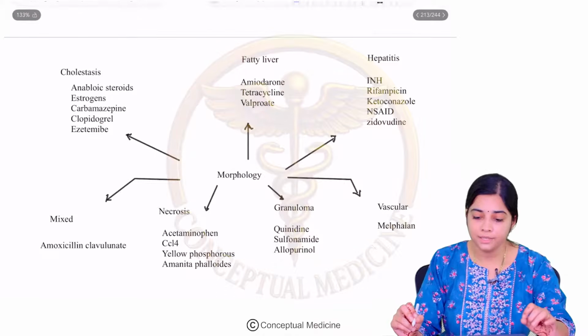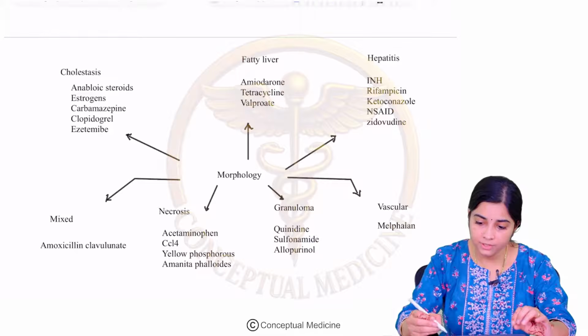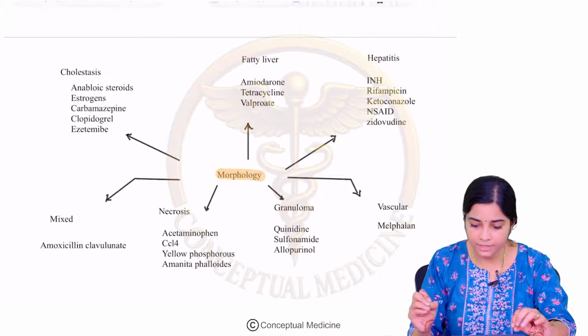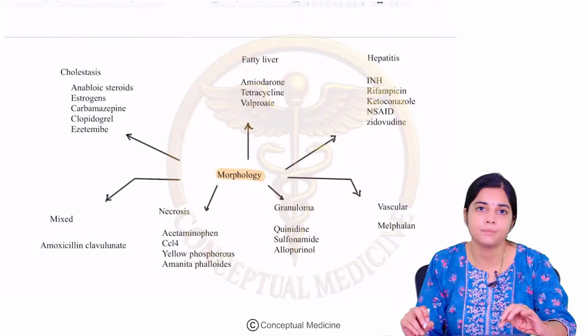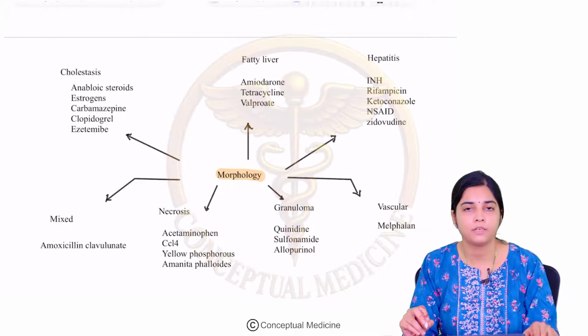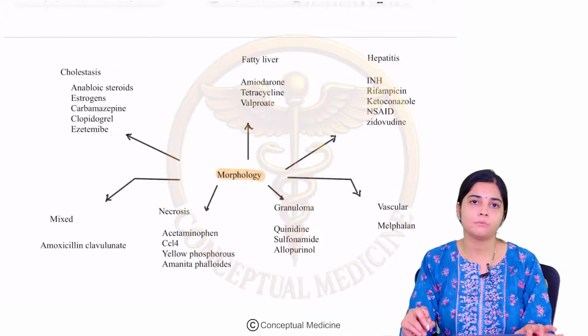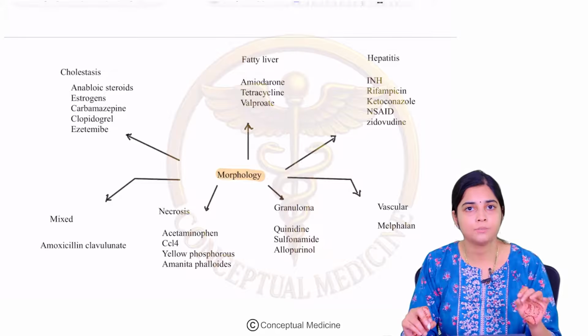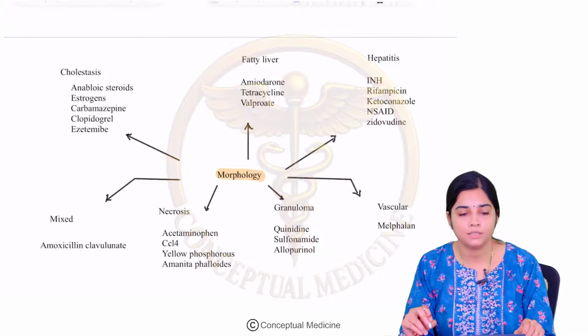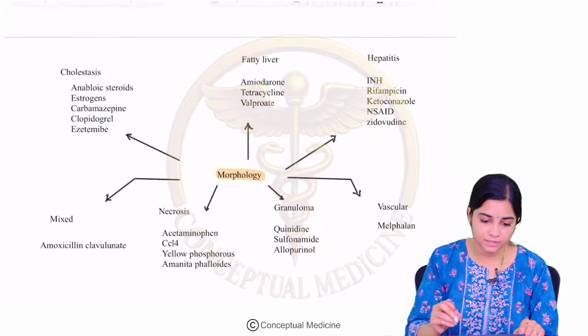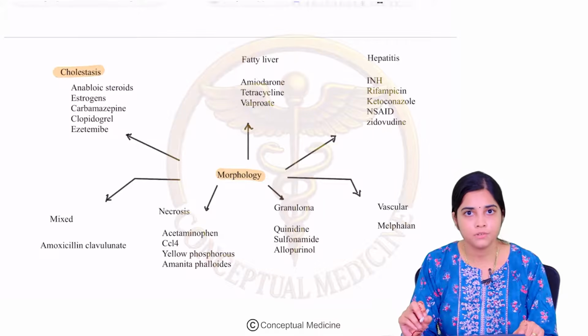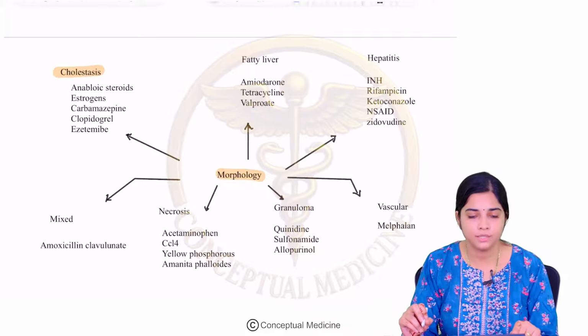Okay. Now, let us move on to the various morphologies you can find in liver biopsy in the different types of drug-induced liver injury. First is the cholestatic pattern. Which drugs cause cholestatic liver injury?